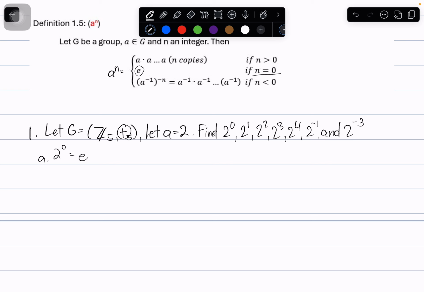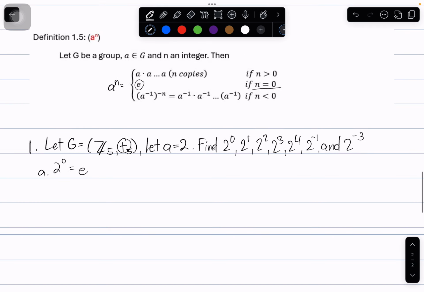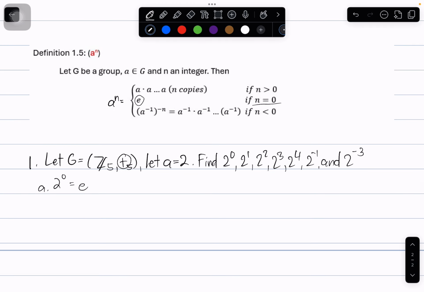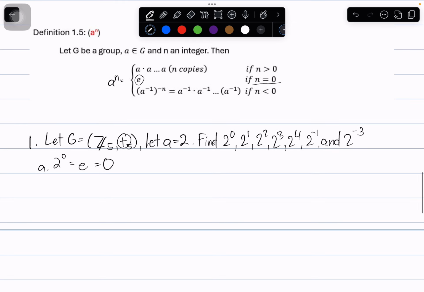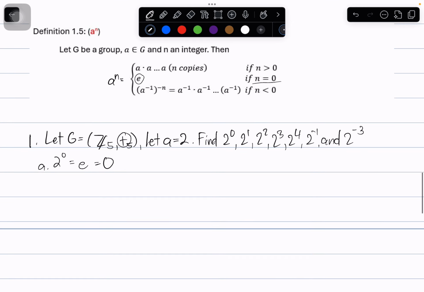What's the identity element of addition modulo 5? It is 0, because if you map the identity element to itself, you will still get the identity element. So 0 plus 0 will simply get 0.